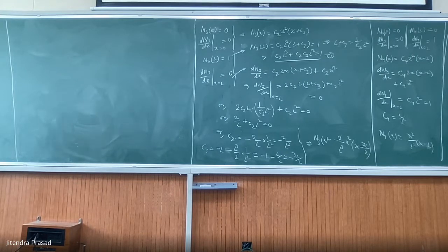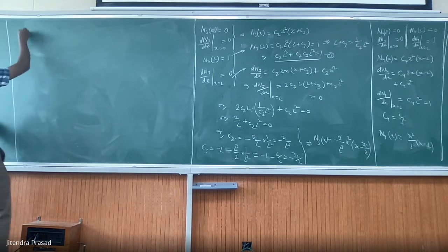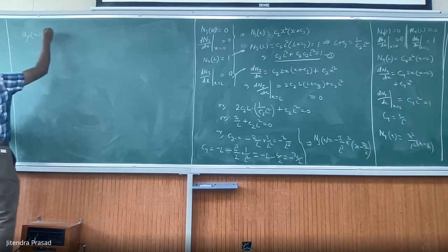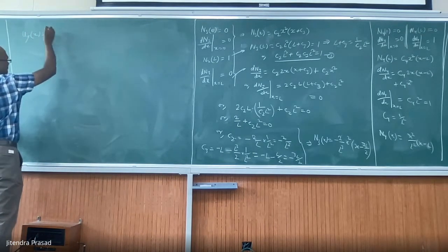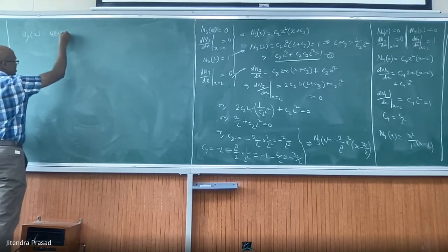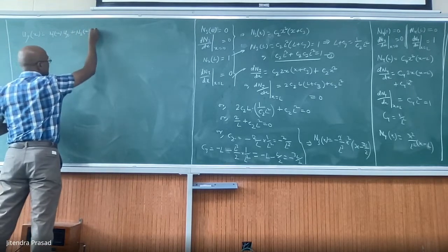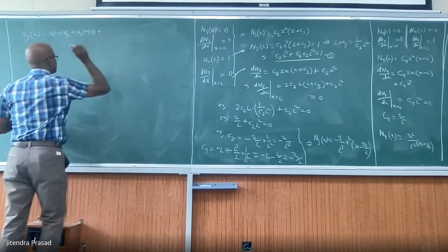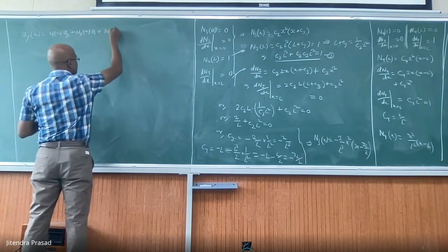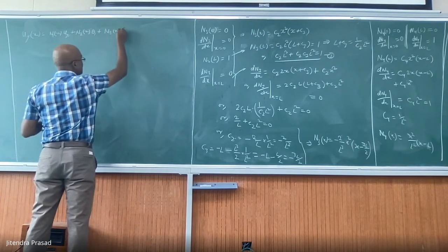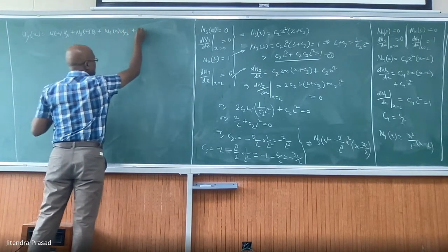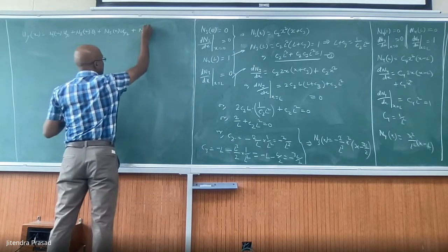Okay. Now you know that u(x) is equal to, how did you write? n1(x) uy1 plus n2(x) theta1 plus n3(x) uy2 plus n4(x) theta2.